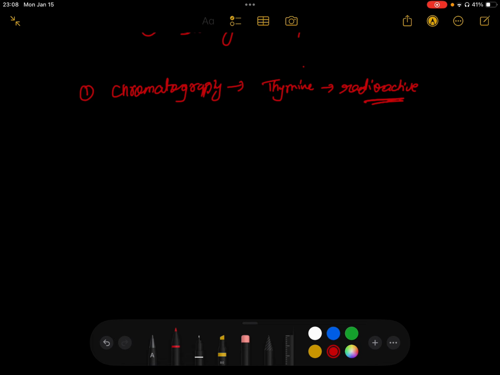So this radioactive thymine will get attached to the part of that DNA and we can see what is the location of that part because thymine gets attached to that DNA and as thymine is radioactive, we can see from where the radioactive waves are coming. So that part basically radiates some radiation, so we can use it to see that DNA part.